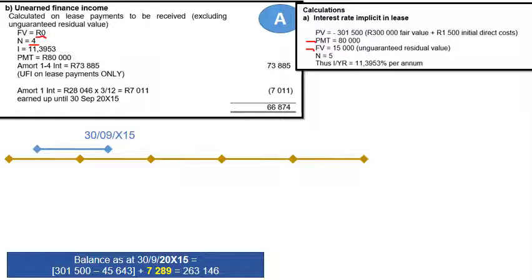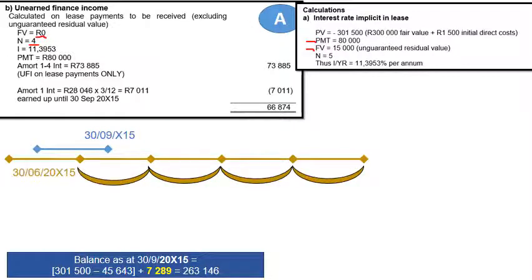So this calculation therefore gives us the unearned finance income of the lease payments only for the remaining 1, 2, 3, 4 years of the lease. The problem that we now have is that it gives us the amount as at 30 June 2015, and our financial year is 30 September. So we have to adjust for the 3 months where the interest has already been earned.